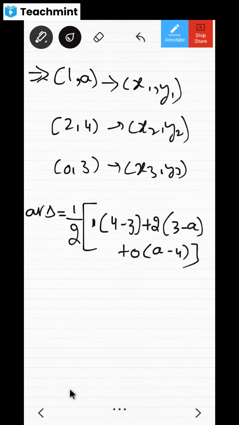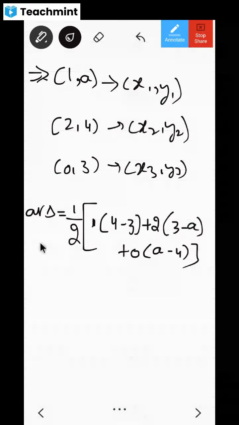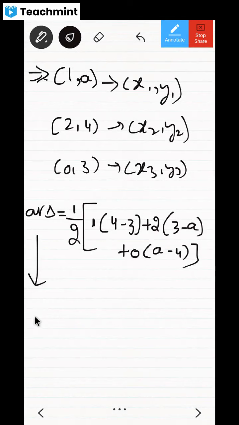Now how much is this area? This area is 50, they have given. 50 is equal to 1 by 2, then bracket 1 into 4 minus 3, which is 1 only. Just write it as 1. Then plus 2 into 3 is 6, then minus 2a.